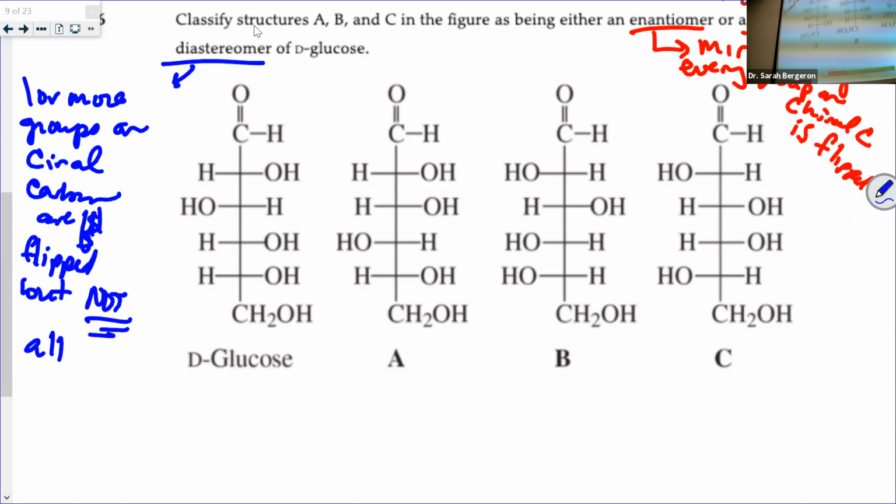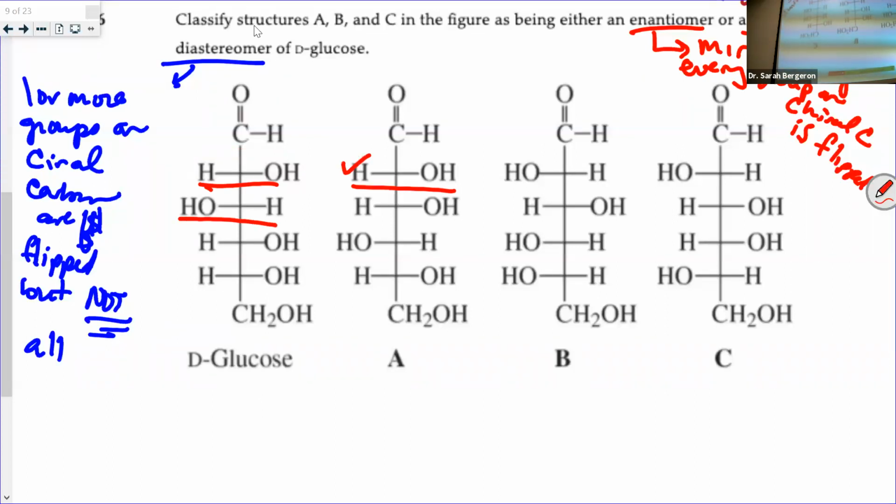So we're going to compare A, B, and C to D-glucose, and we're going to tell, are they enantiomers or are they diastereomers? So comparing to D-glucose, I'm going to look at each of the groups on the chiral carbon. So here's my first chiral carbon. Compare that on A. Is it the same or is it flipped? So I'm going to compare this one to this one. The same or flipped? Same.